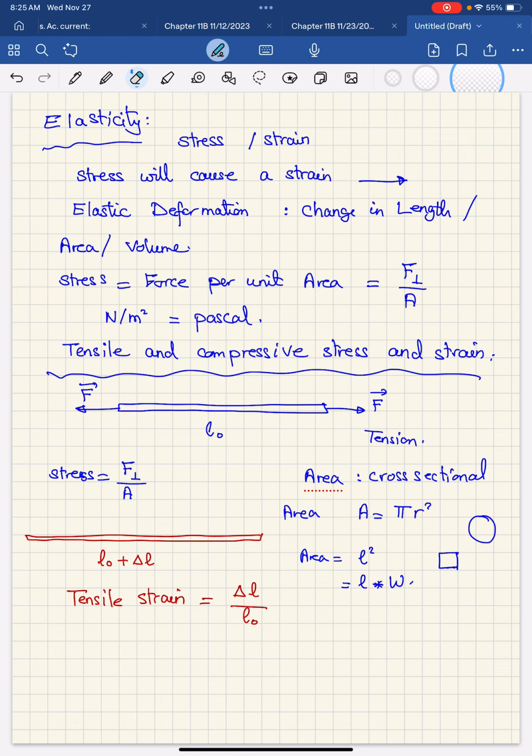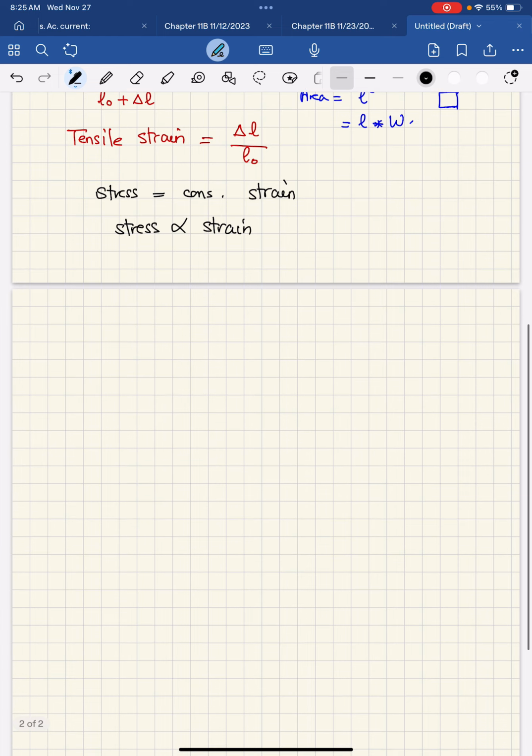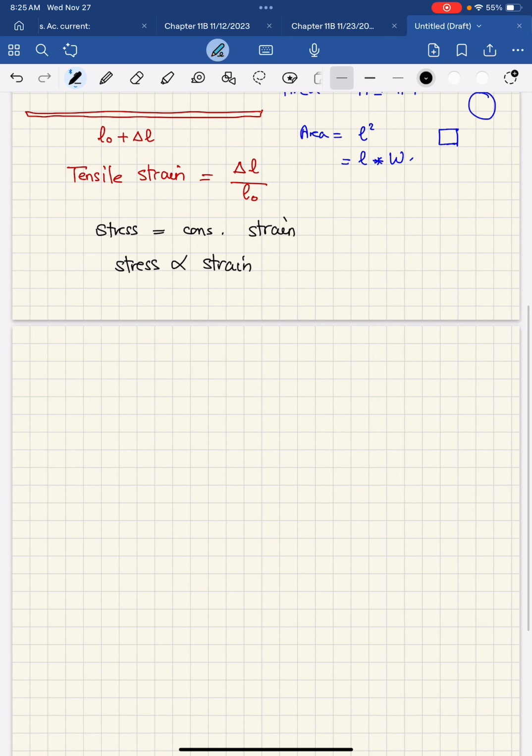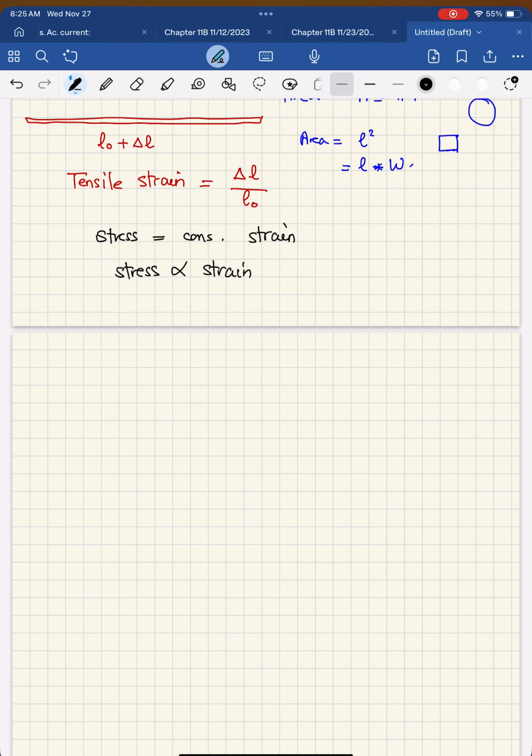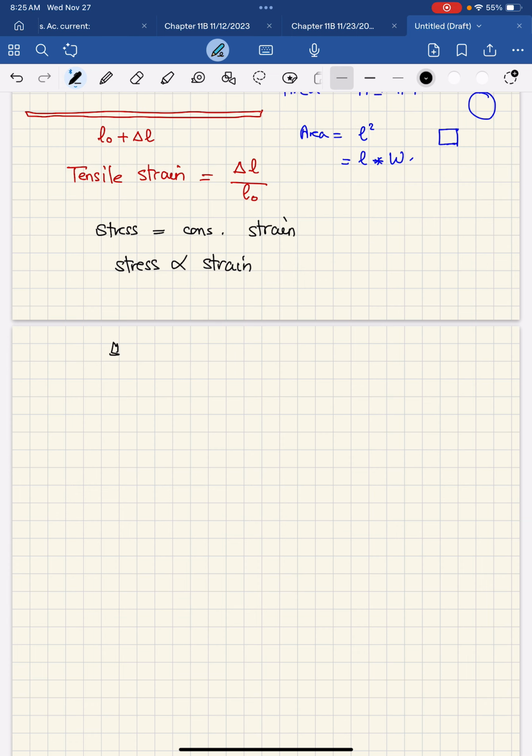Okay, it was studied for a long time and proved that stress equals a constant times a strain, which means there is a direct proportionality between the two. Now that constant, when we are talking about tensile and compressive, is called Young's modulus.